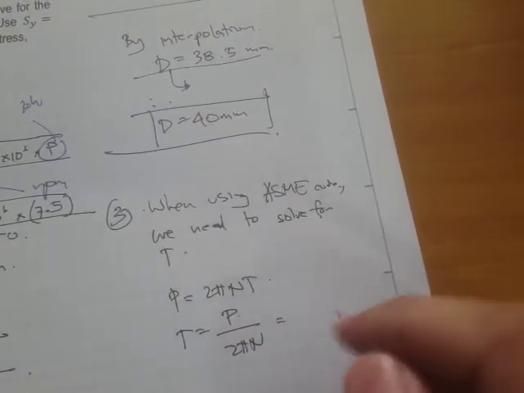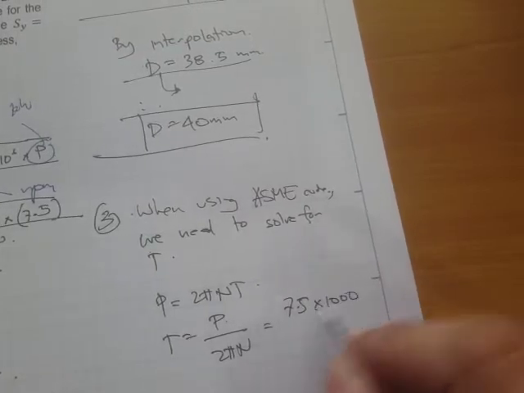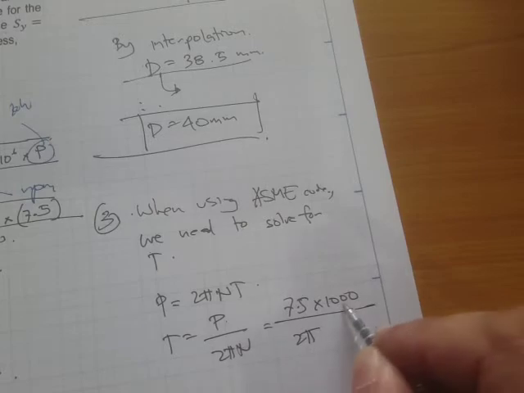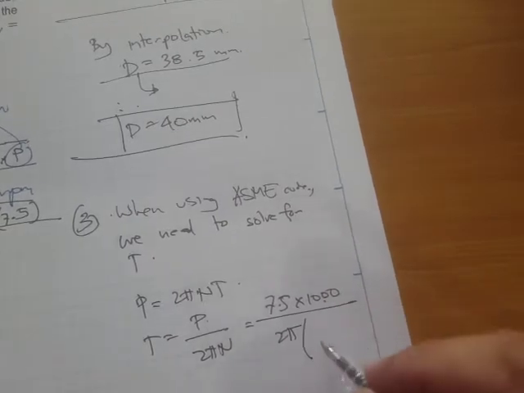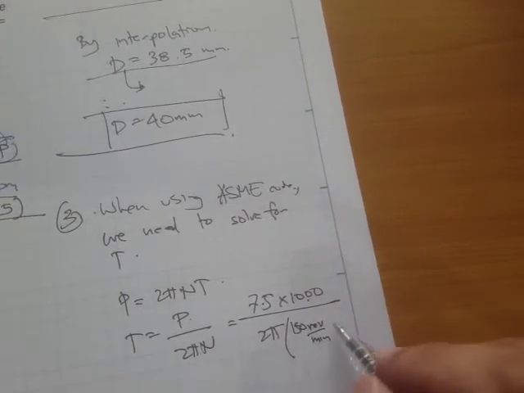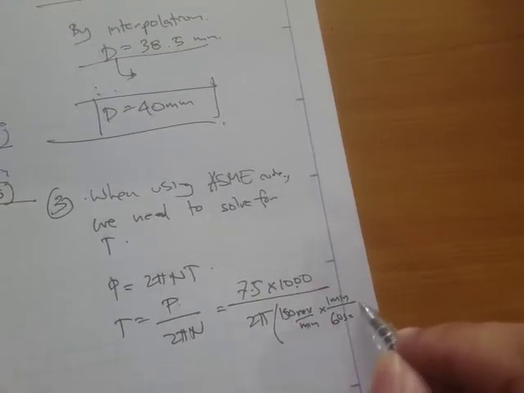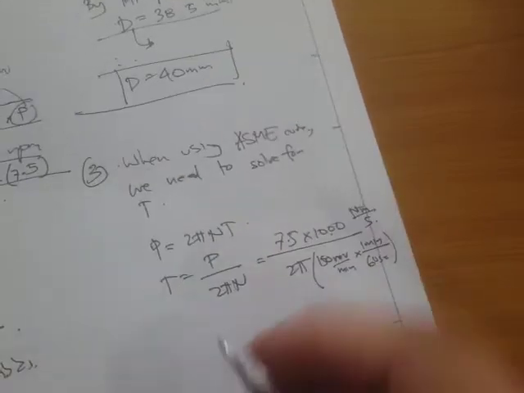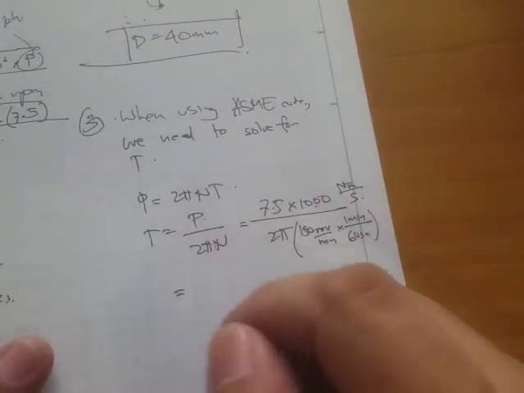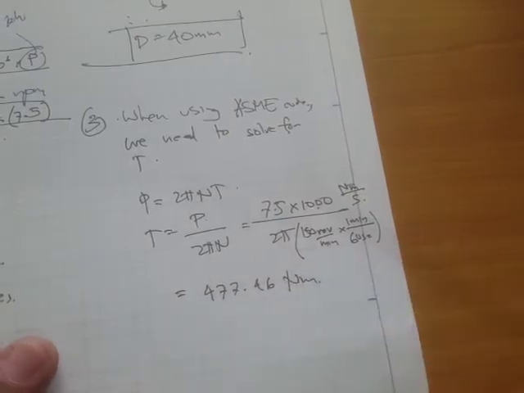So what is P? This is 7.5 kilowatts times 1000, because we need to convert that into watts, over 2 pi n, where n is 150 revolutions per minute, and we also need to convert minutes into seconds, because this should be in Newton meters. If you do the math, what we get is 477.46 Newton meters.